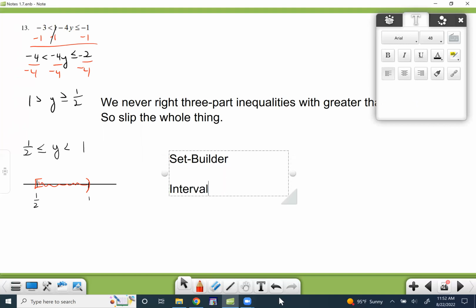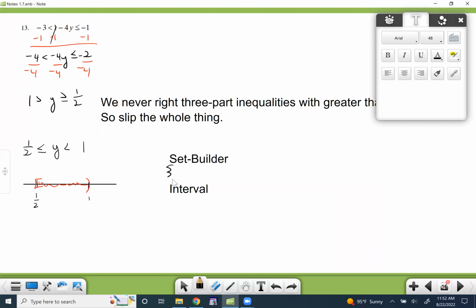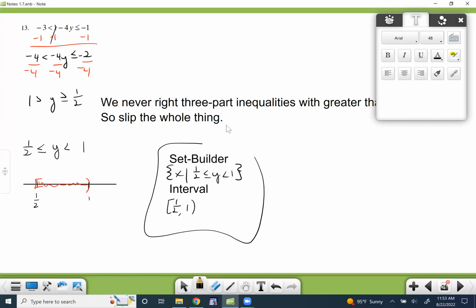All right, so for the set builder, all x such that 1/2 is less than or equal to y is less than 1. Then for the interval, it's going to be a bracket on the half and the parentheses on the 1.